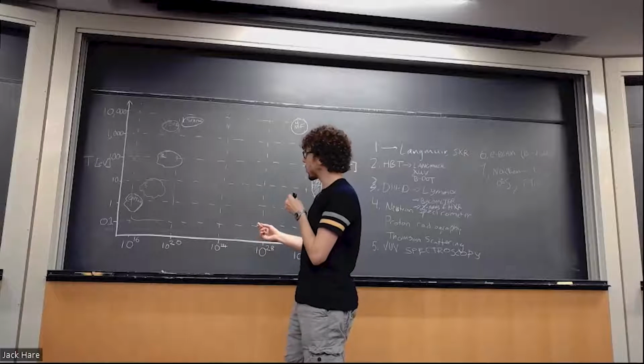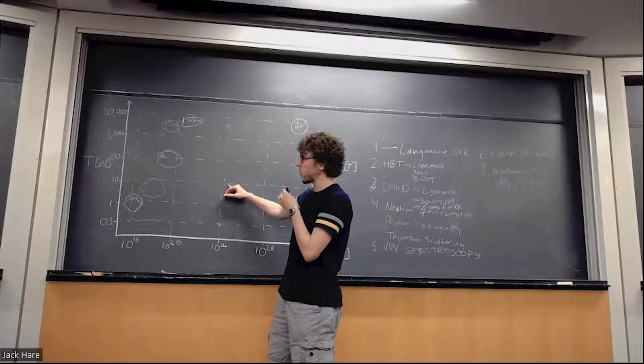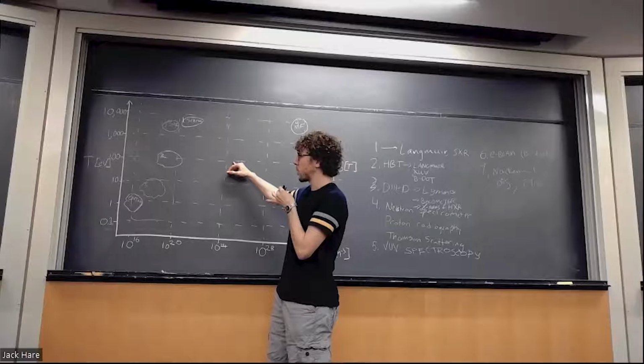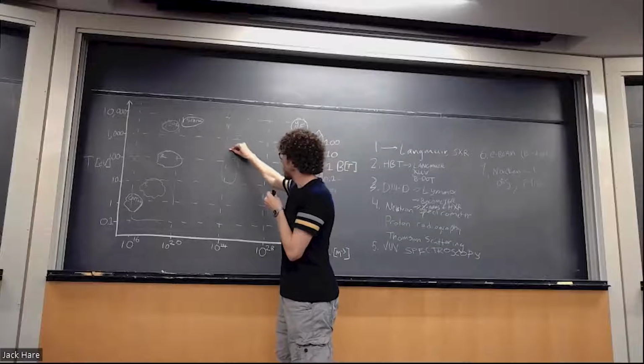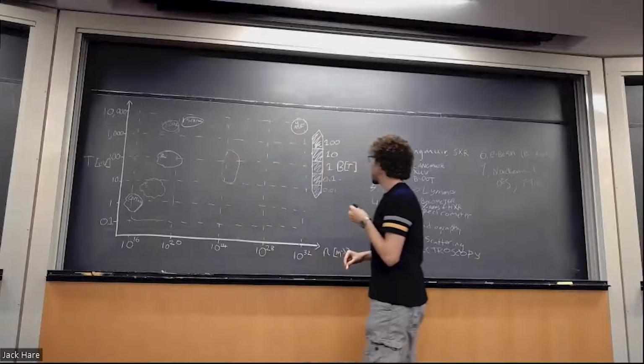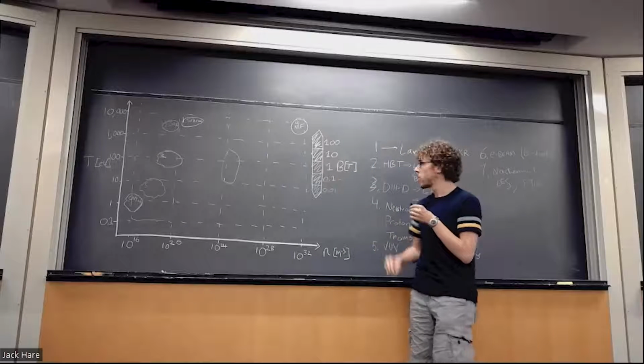And I believe our temperatures for the bulk of the plasma are tens of eV, but for plasmoids can get up to a little bit above 100 eV. So maybe somewhere in this region-ish. And then I believe the magnetic fields we're achieving are tens of Tesla typically.